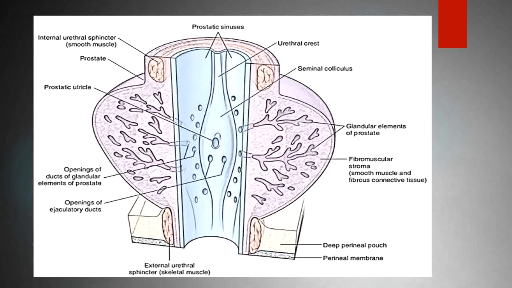And in about middle of the urethral crest there is a rounded elevation which is known as seminal colliculus or the verumontanum, and it has a slit-like opening which is the prostatic utricle, and adjacent to this prostatic utricle you can see the opening of ejaculatory ducts.